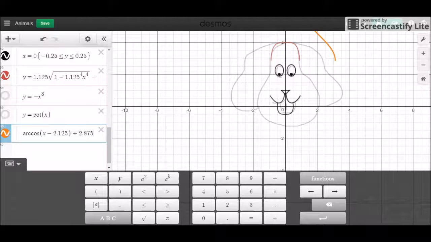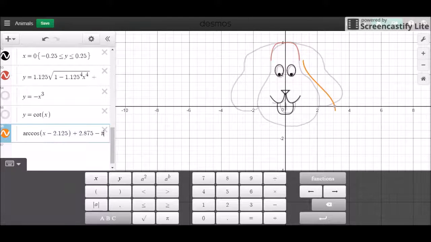We just take the vertical distance. That's going to be, let's see, 2 pi divided by 2. That's pi. Let's subtract pi from that. That's looking better. And just so we don't have to do any more adjusting, we can maybe scale this down by a little bit.